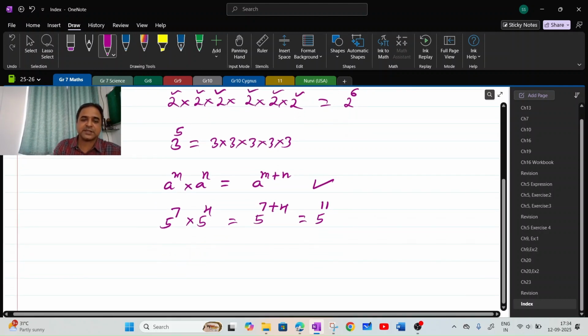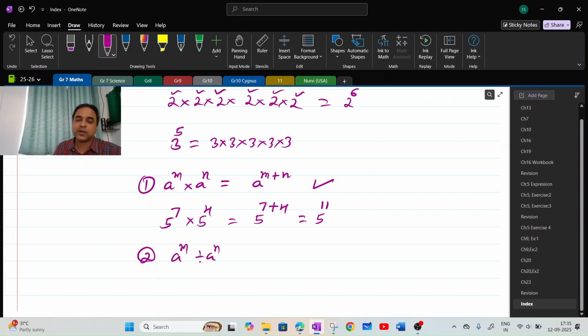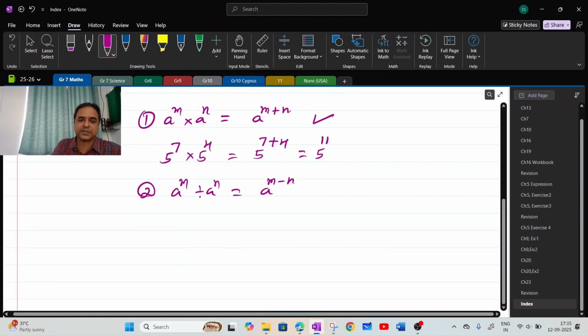In the same way, we can see one more. In the second case, if it is a to the power m and the relation is division, so a to the power m divided by a to the power n, in such a case subtraction of these powers will be done. So a to the power m minus n. We can take the same example.